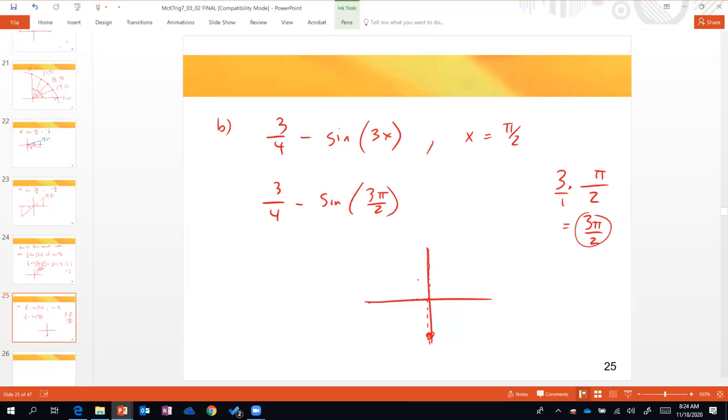Oh, nice. Those are called quadrantal angles, and we get our value right here really fast. That's 0, -1. And we get 3/4 subtract a -1.